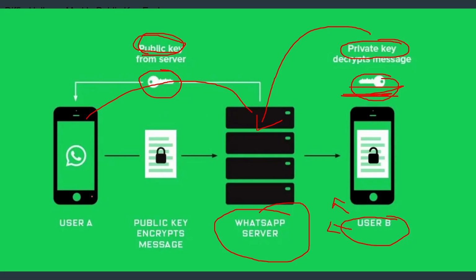They will tell you this is end-to-end encryption, but still WhatsApp will have access to both parties. That's why the government is asking, I want to see the messages. WhatsApp will say, if I share this information, then there is no point in end-to-end encryption.